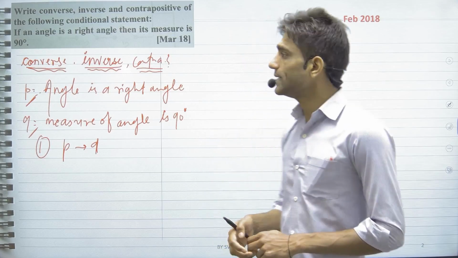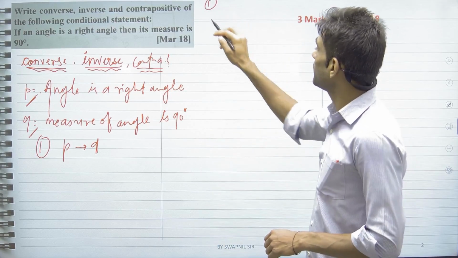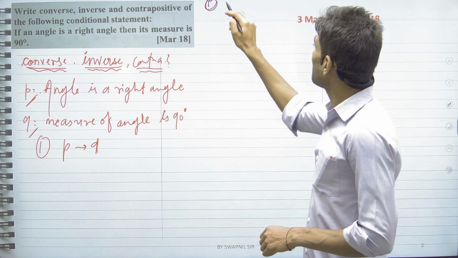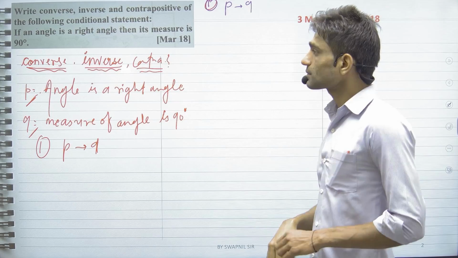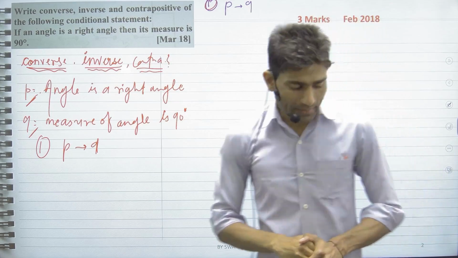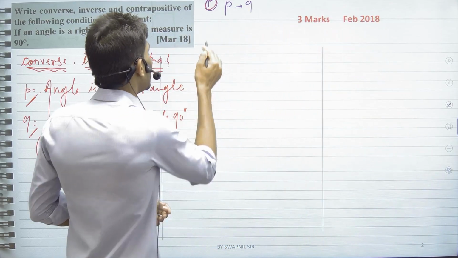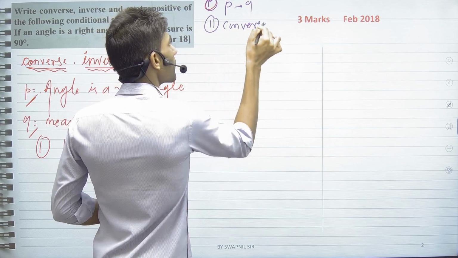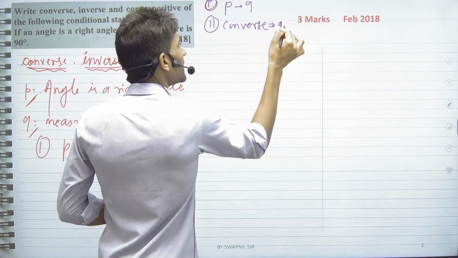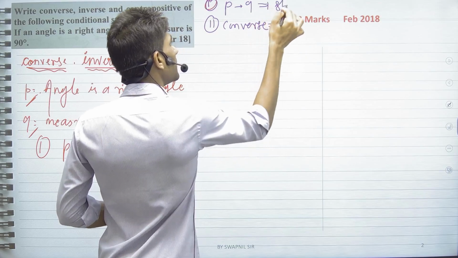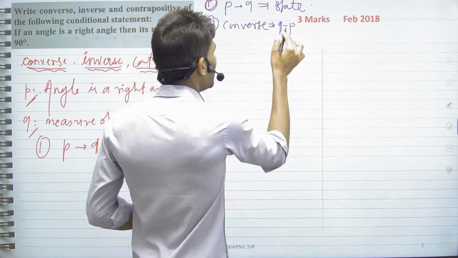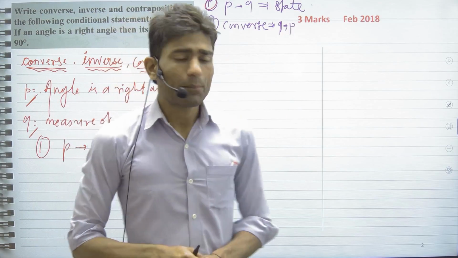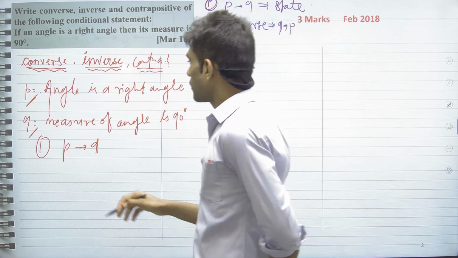So if a statement is P implies Q, let me change the color, then its converse gives us Q implies P. This one is the statement P implies Q, and its converse gives us Q implies P. Now let's write the converse of our statement.